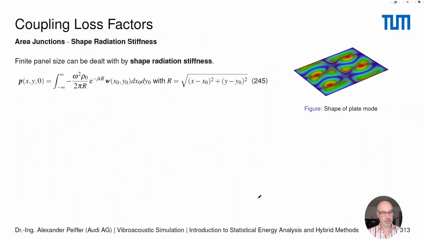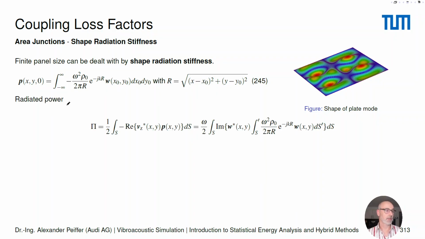Another option to describe the degree of freedom at an area is the so-called shape radiation stiffness. If we do shape radiation stiffness, it could be a mode shape. We do the same formulation again. We use the Rayleigh integral, but now we use a specific shape of the vibration given by, for instance, this function of W. And we can also do the same calculation.